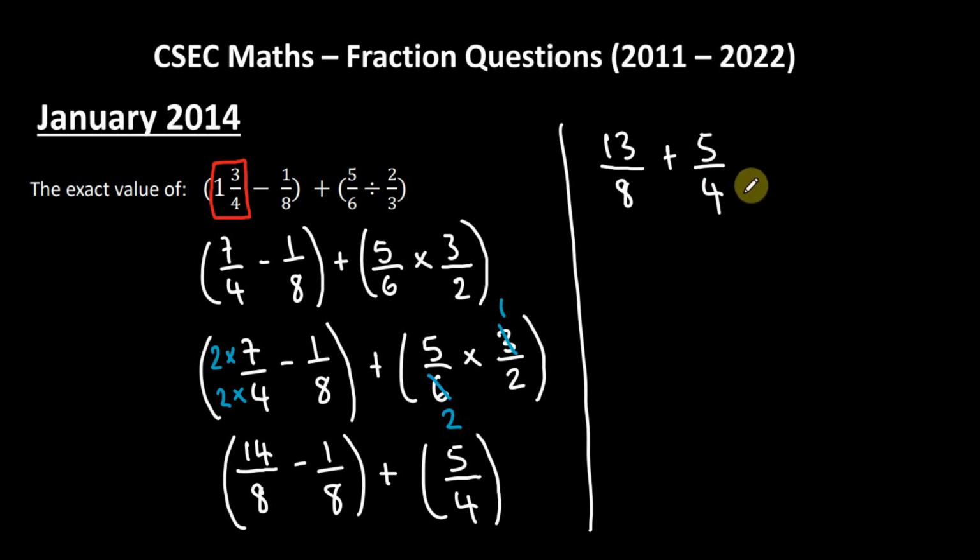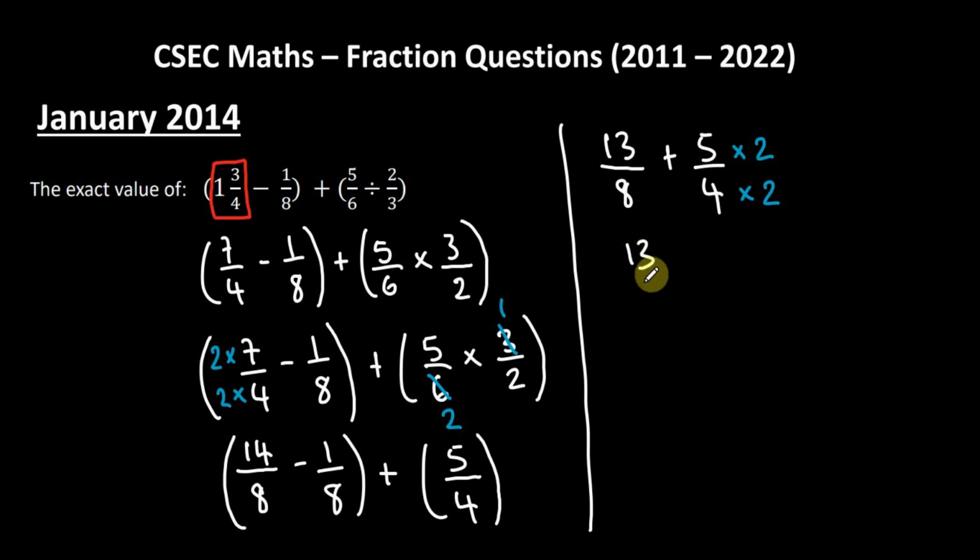So I can ask myself again, which number can I multiply 4 by to get 8? There you go again, that's definitely 2. And again, if I multiply the denominator by 2, I have to do the same thing to the numerator. That way, I'll be getting an equivalent fraction for this 5/4 here. And let's see what we'll have now.